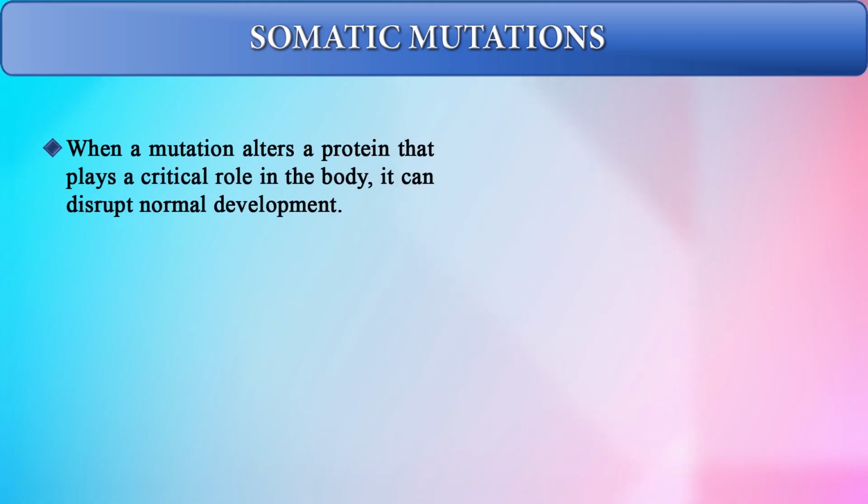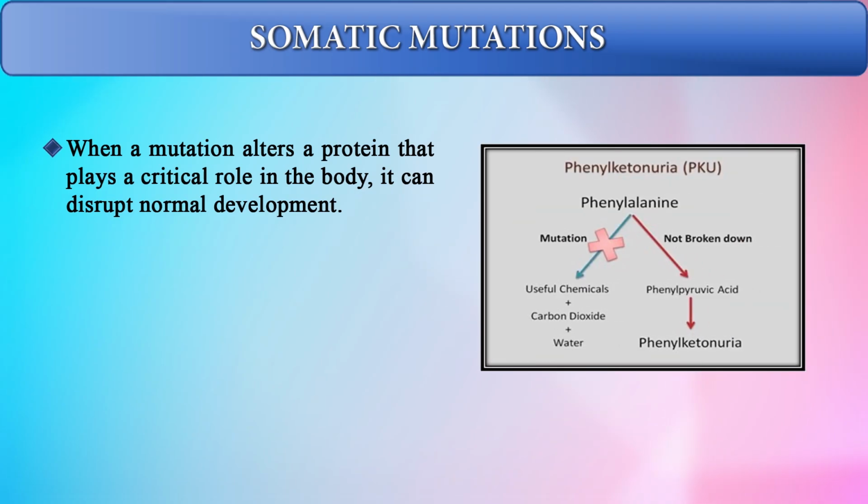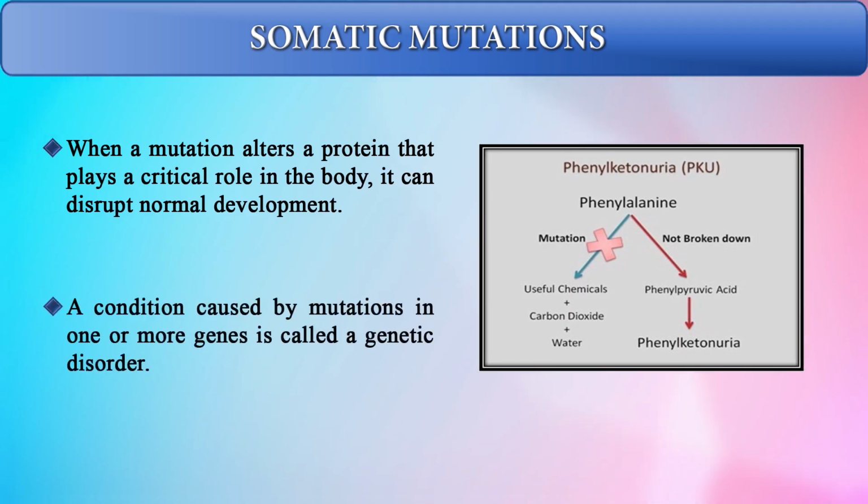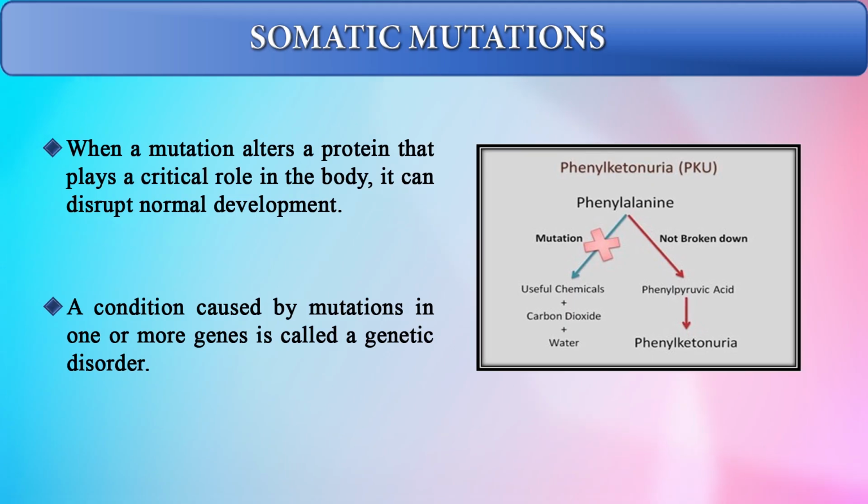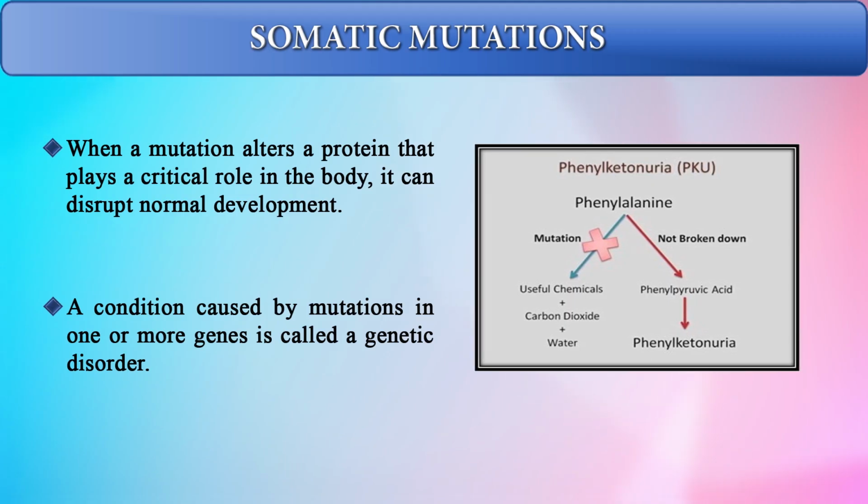When a mutation alters a protein that plays a critical role in the body, then it can also disrupt normal development. For example, phenylketonuria. This is a condition which is caused by mutations in one or more genes, and it is called a genetic disorder.